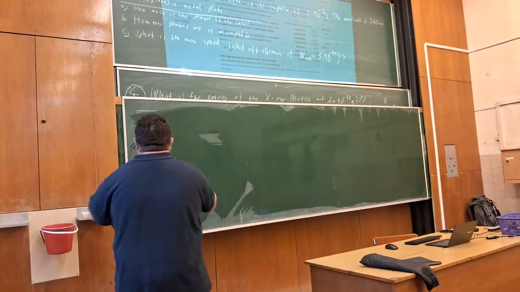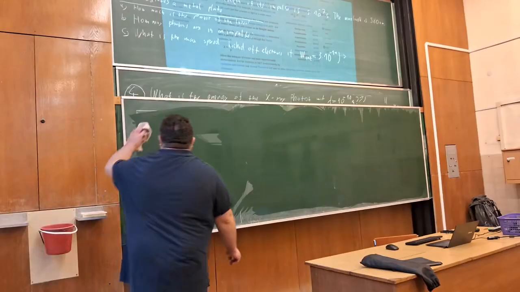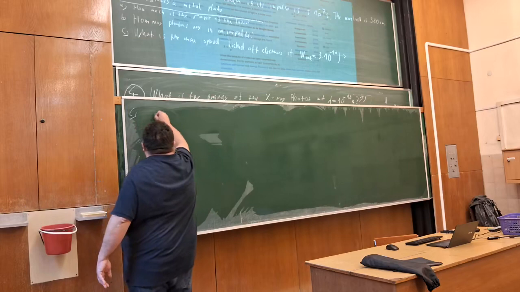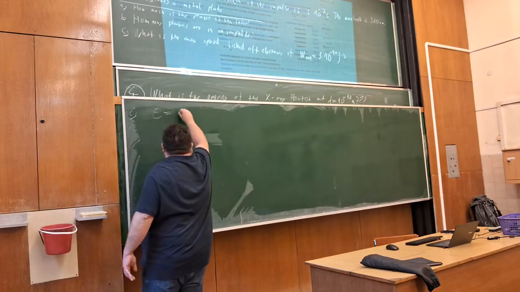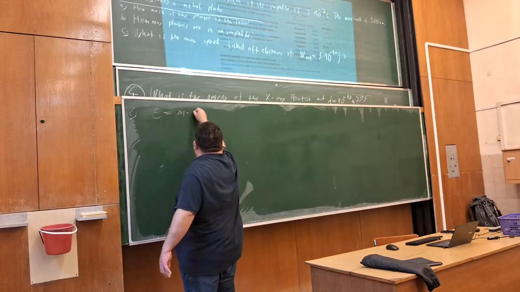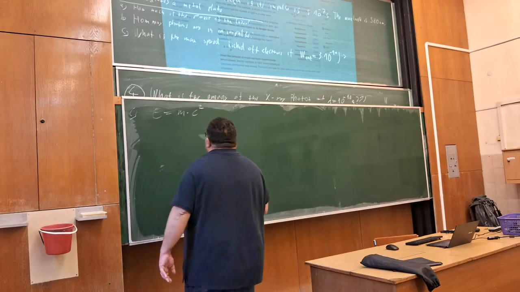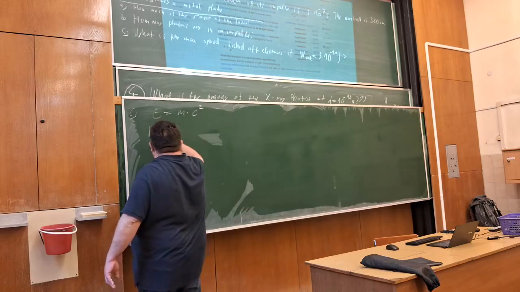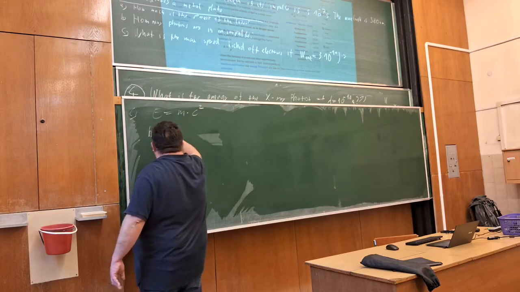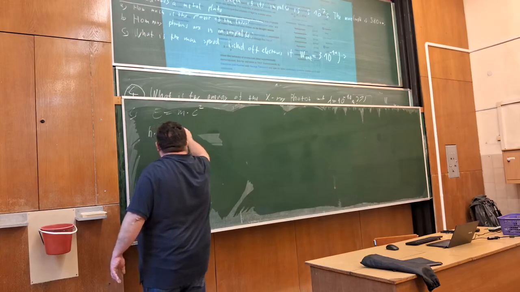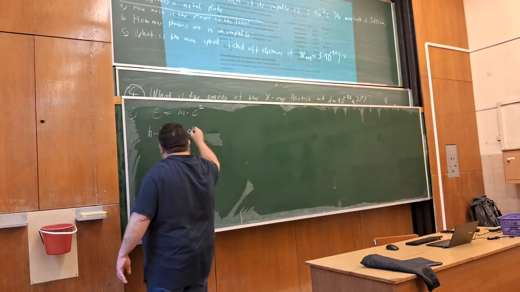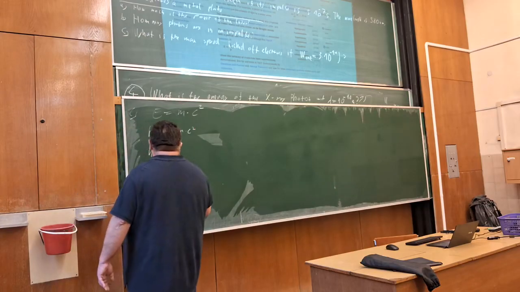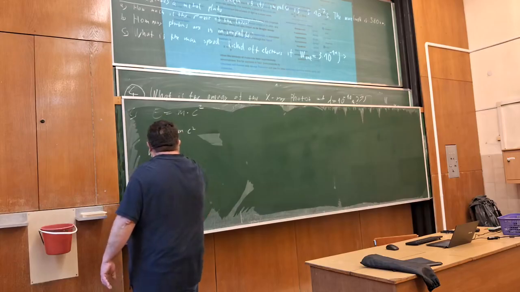So the m is the mass of this Röntgen photon, or I mean X-ray photon. Energy is m times c squared. We know the energy is also h times f, or h times c per lambda.